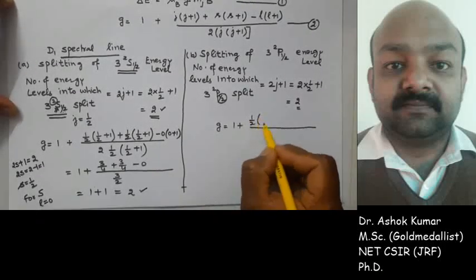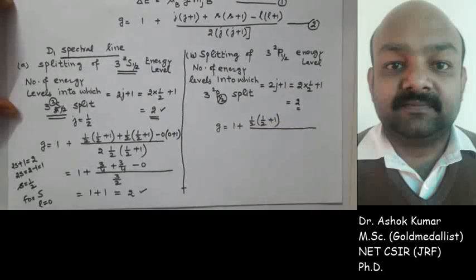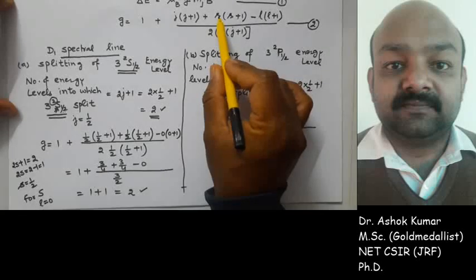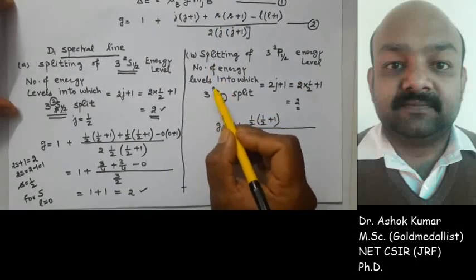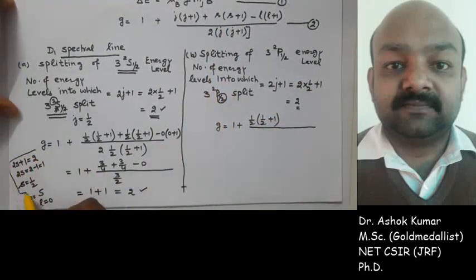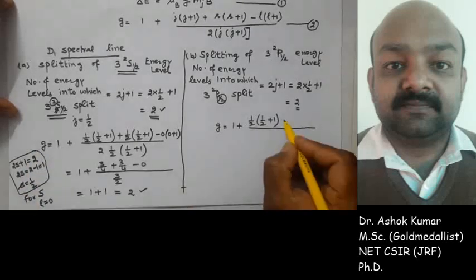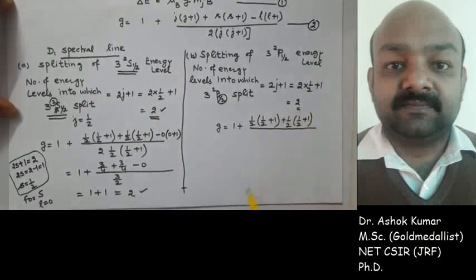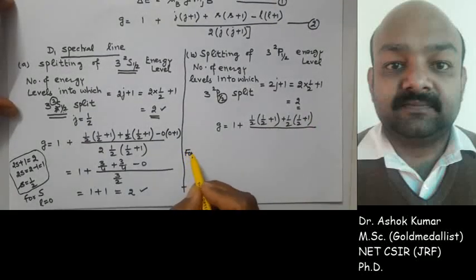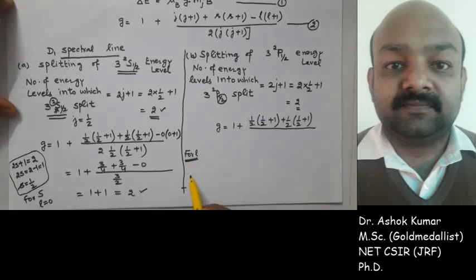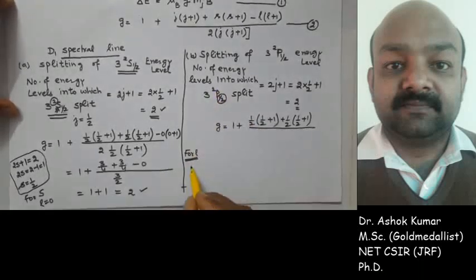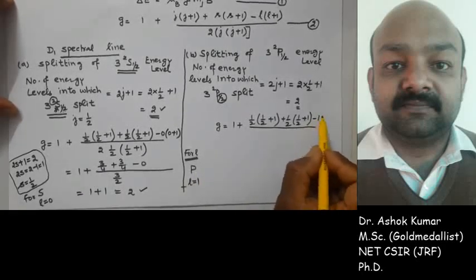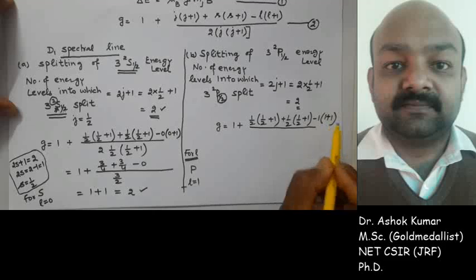So 1/2, 1/2 plus 1. For S, again we use a similar kind of formulation, and we will get the same value 1/2. For L, the angular momentum quantum number, as it is a P level, this value comes out to be 1.